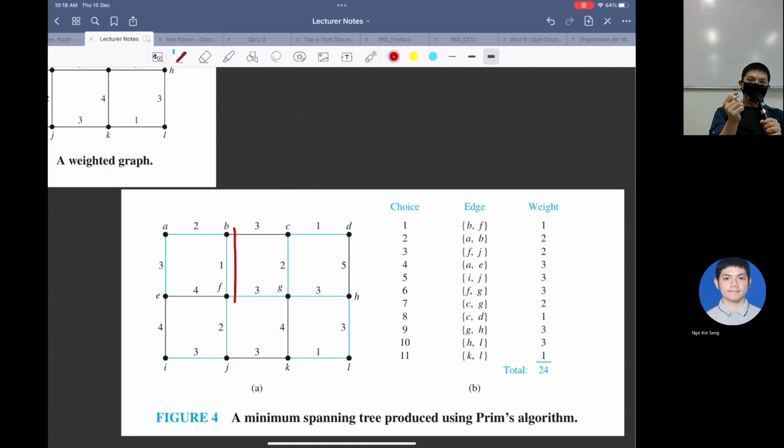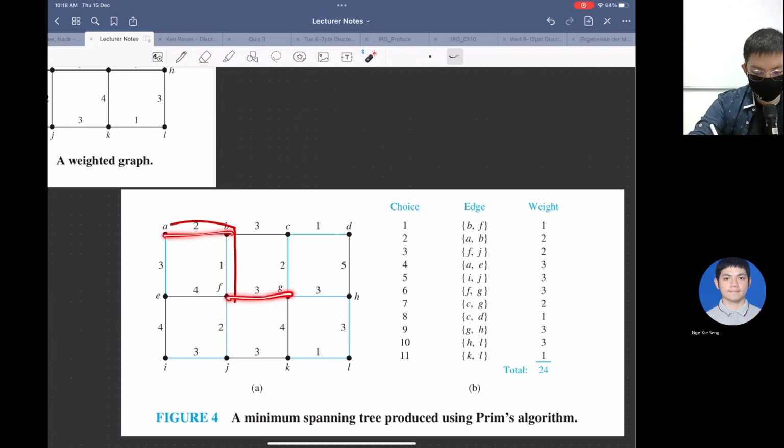Which one is the smaller one? AB. So we want to add AB first. Okay. Next. Sorry, just now, not just AB and FG. You still have EF and BC. Okay, but in the end, AB is still the least one. So next, you have BC, FG, FJ, FE, and AE.